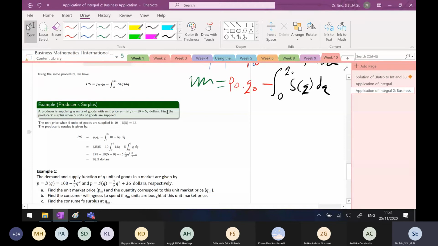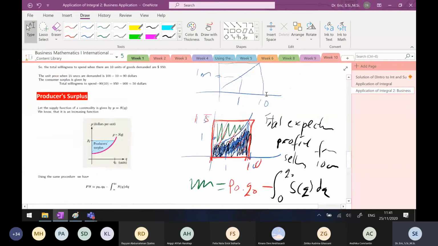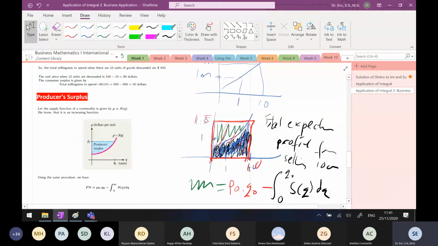This is an increasing function. Find the producer surplus when 5 units of goods are supplied. You have to find the unit price first, because you are just given the units and I want P0 times Q0.